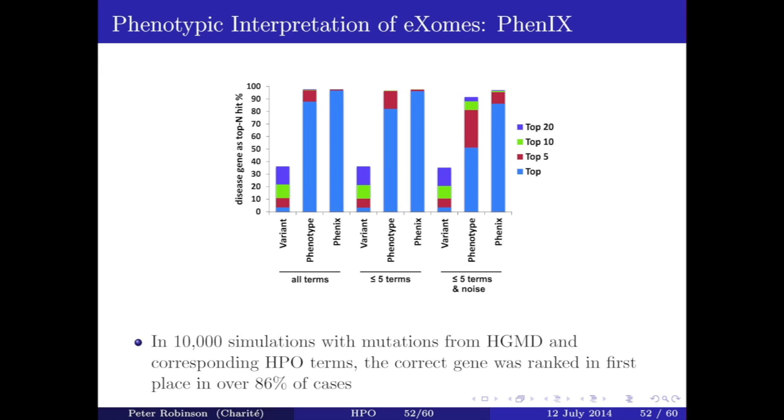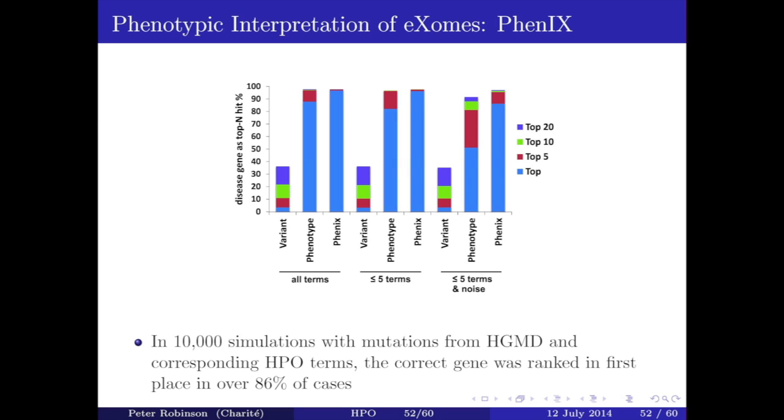And actually, this performs pretty lousy for exome. So the right gene was first maybe 3% of the time. And even if we're looking at the top 20, the right gene was only in about 35% of cases. If we use the Phenomizer evaluation, we get a pretty good boost, and the right gene is in first place in about 80% of cases. If we take the combination, it gets up to about 90%.